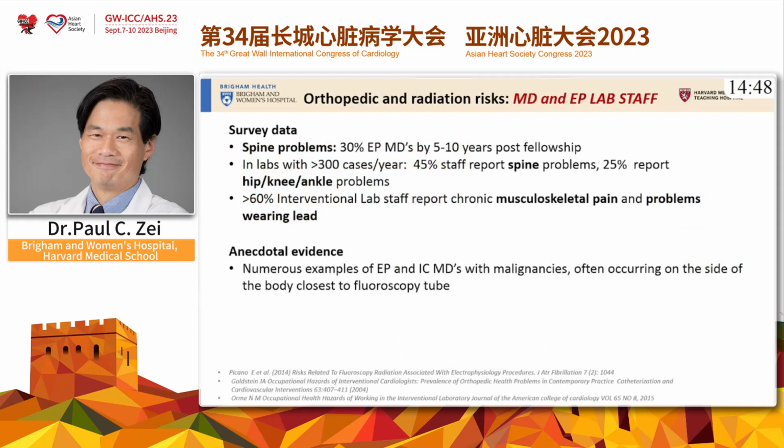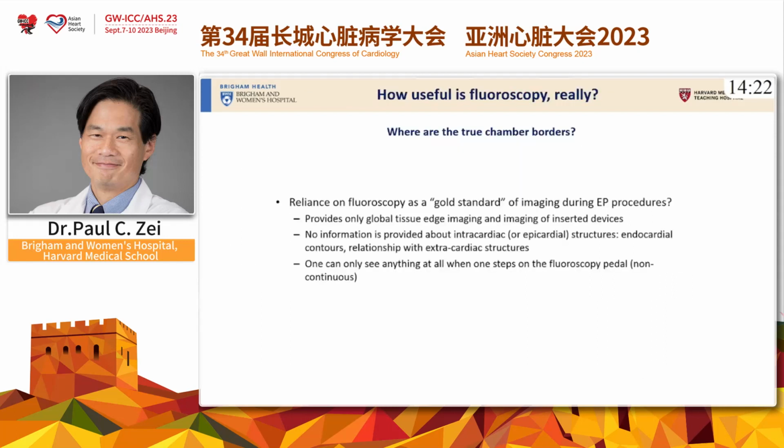In addition, as I've alluded to, we as operators can encounter a lot of orthopedic issues wearing lead aprons: as high as 30% in one study for spine problems, and over 60% in another observational study for musculoskeletal problems. This is anecdotal, but we all know many instances of operator-side-related malignancies among operators, so these are all significant concerns we have.